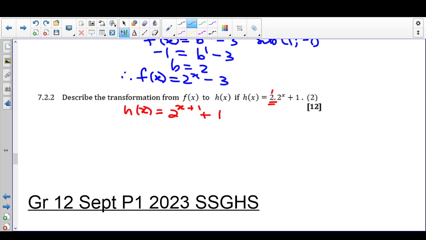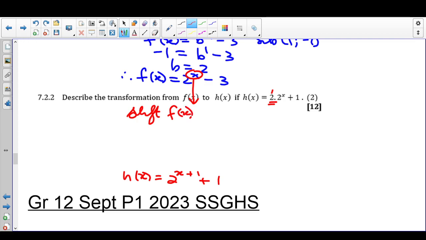Okay. So how do I move from x to x plus 1? The graph must move 1 unit to the left. Okay. So remember, you must end off with that. So you'll shift f of x 1 unit to the left.